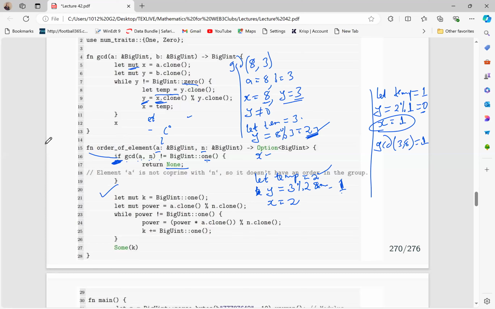We let K be mutable and make it 1 initially. This time, the other one was sum, but this one is now power.